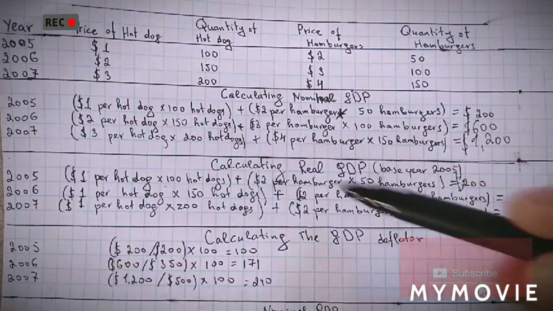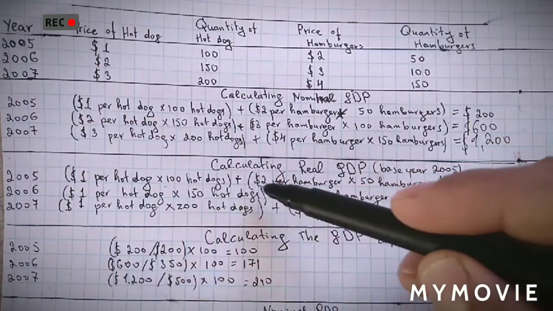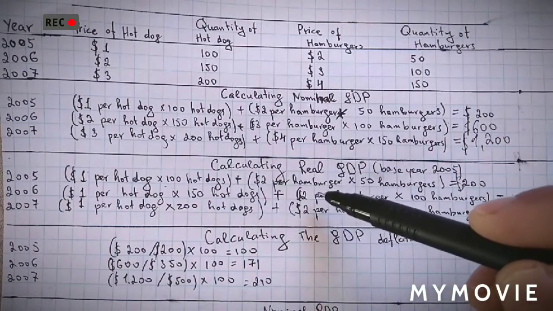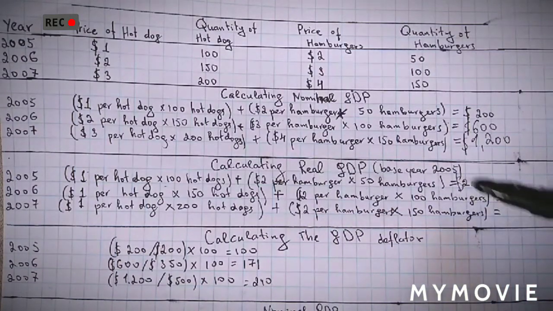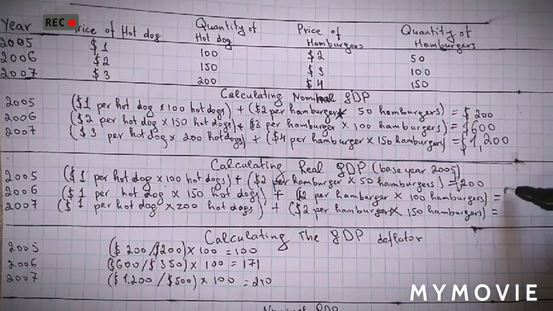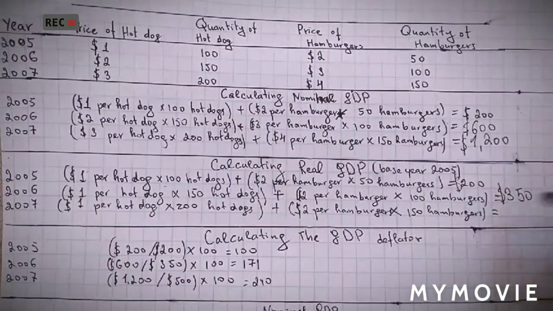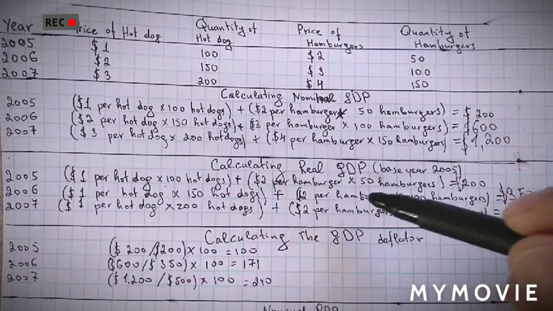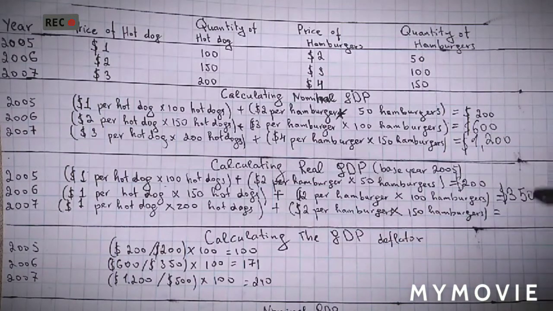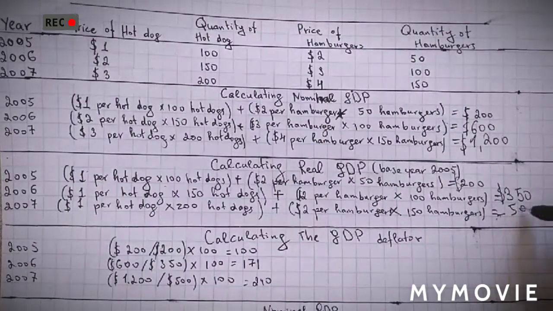So the second year is $1 and the quantity is 150 hot dogs, multiplied, and then $2 per hamburger and the quantity is 100 hamburgers, multiplied and added, so the result is $350. In 2007 you can also see that the price has not changed, just the quantity. The result is $500.